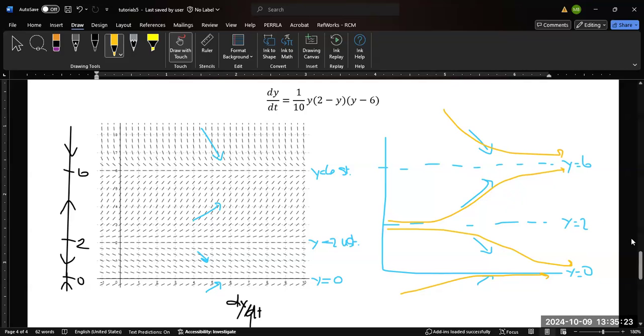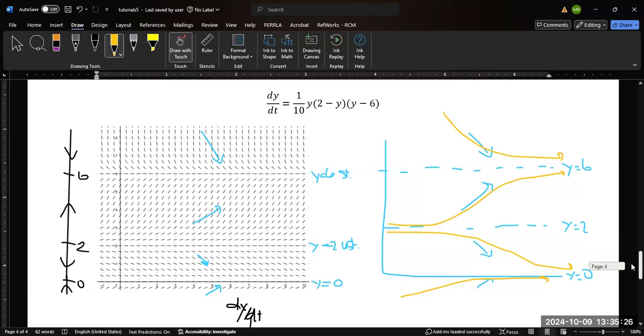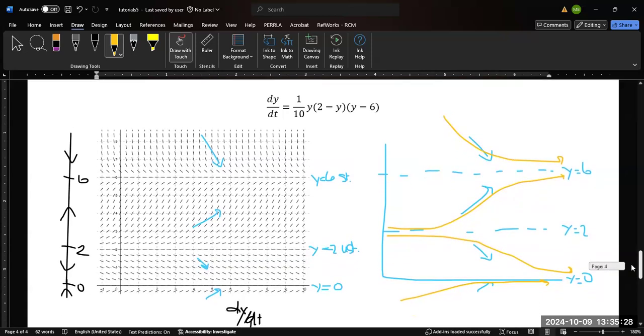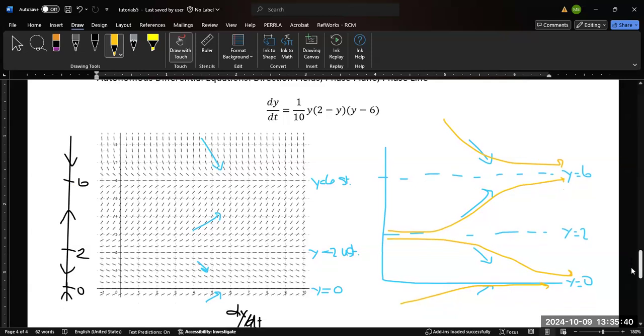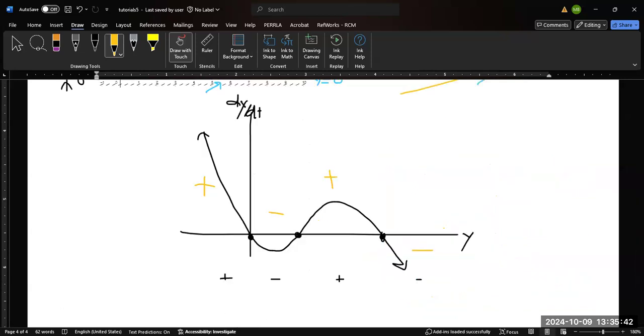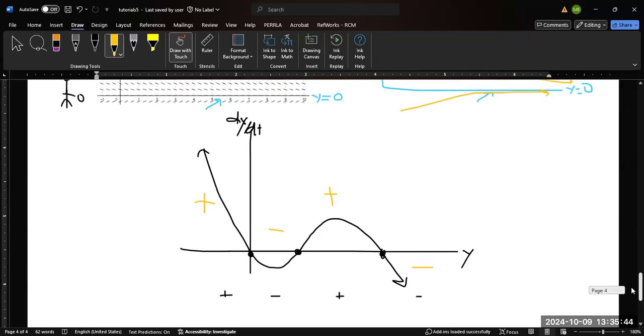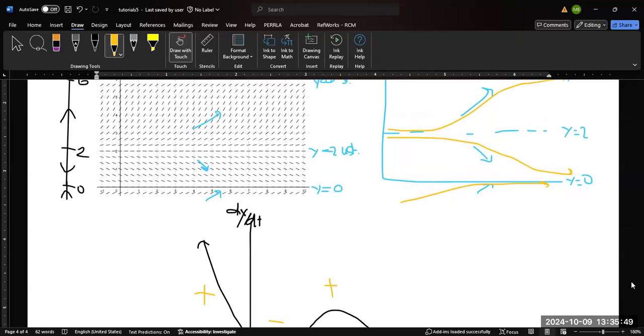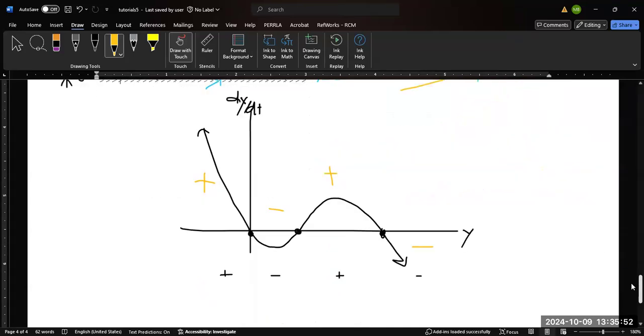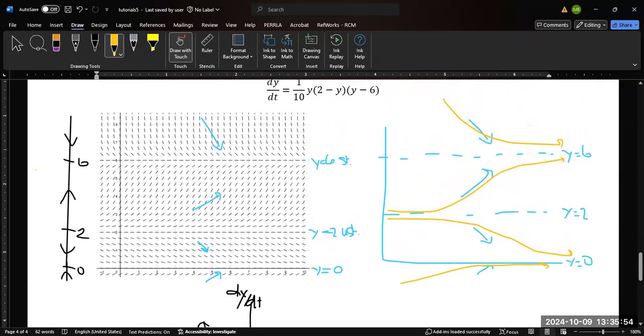So these are 3 different ways of representing the behavior of your autonomous differential equation, or 4 if you count the simplification here. We have direction fields, our simplified direction field, our phase line, and our phase plane. On exams, I personally will usually ask students for either the direction field or the phase plane, but there are certainly professors who will ask about phase lines.